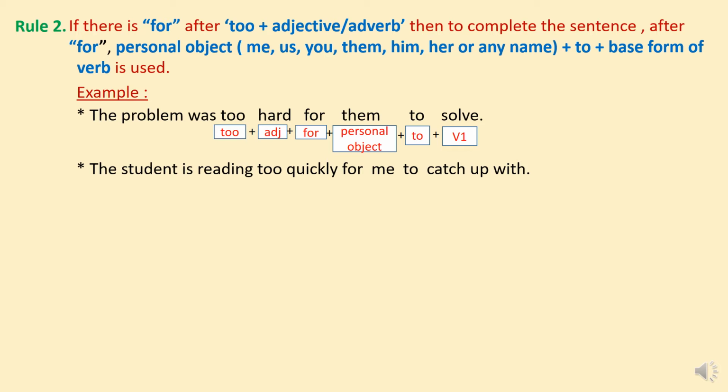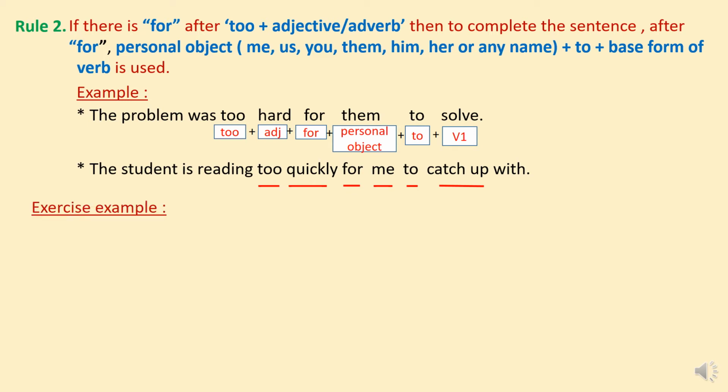The student is the subject, is reading verb, plus too plus quickly adverb, plus for me personal object, plus to plus catch up with. Here you can see the base form of verb plus extension.